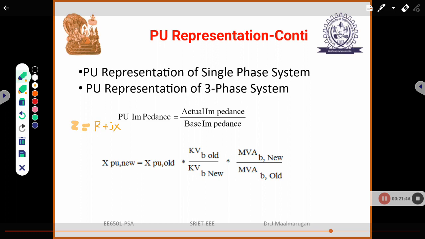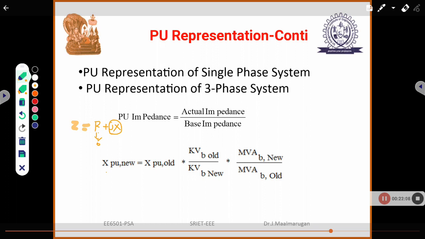What is reactance? That is X. If the resistance is negligibly small or zero, only X is present. That is why we say impedance or reactance. If resistance is present in the transmission system, that is the impedance. If the resistance value is negligible or zero, only the reactance value is present.